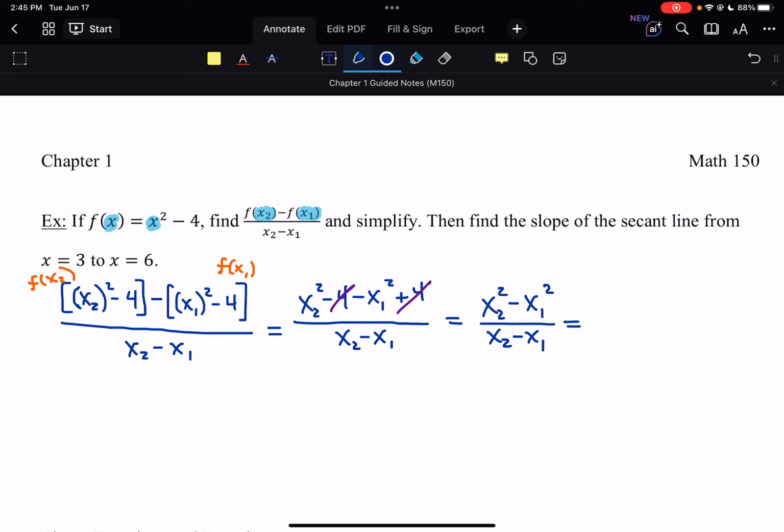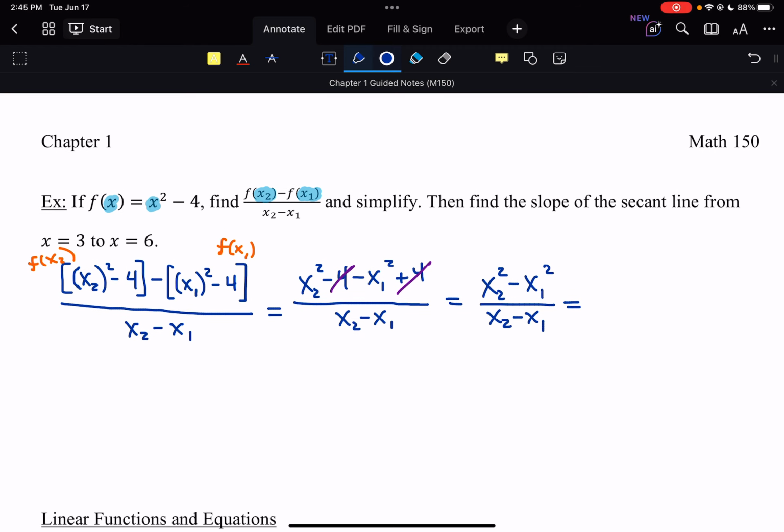Okay, if you remember some stuff about factoring, factoring is something that we can do when we have squares like this in some cases. In this case, this expression, we have subtraction between two perfect squares. This is called a difference of squares, if you remember that terminology. And that absolutely factors as x2 plus x1 times x2 minus x1, and this is all over x2 minus x1, like that.